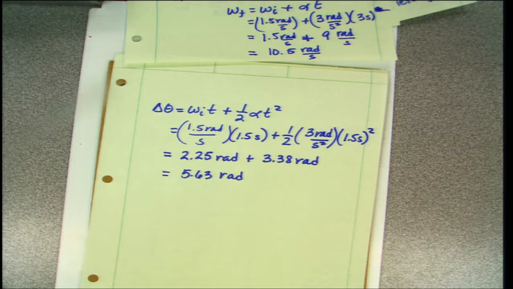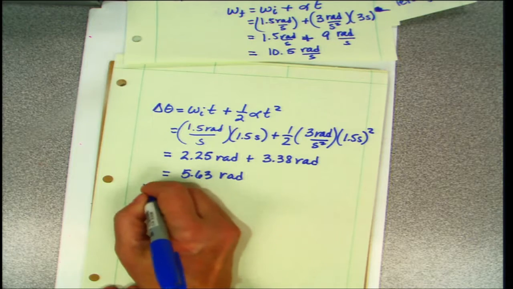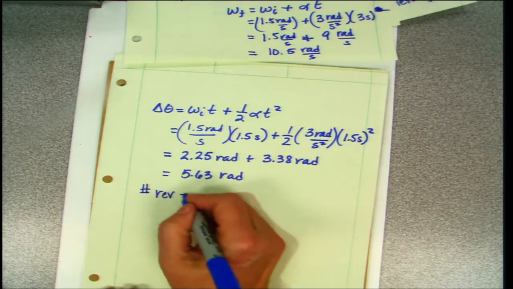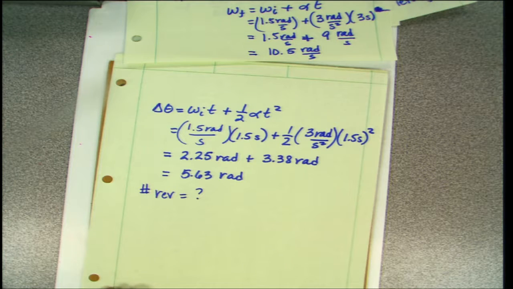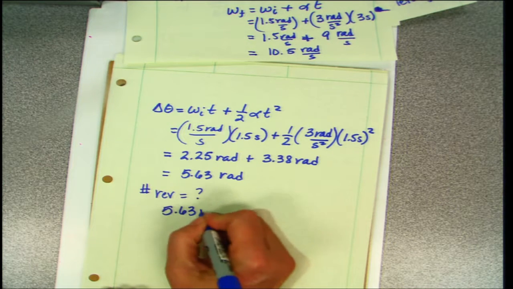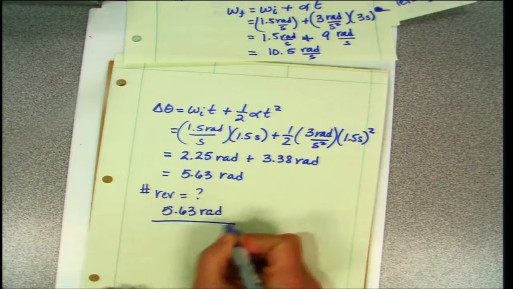I get 5.63 radians, and there are 2 pi radians per revolution. So my radians cancel, and I end up with revolutions up top. And when I do that, it becomes, oops, getting ahead of myself, 0.9 revolutions.